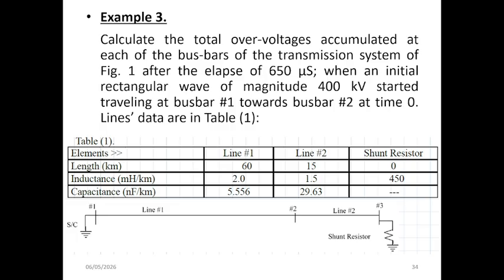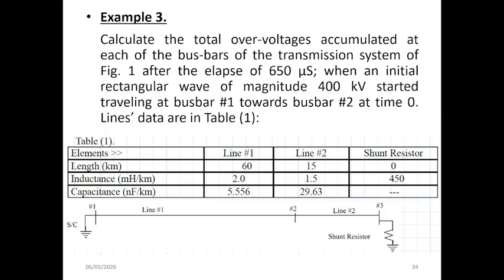Additionally, a shunt resistor is connected at the far end, busbar 3, which plays a key role in damping reflections and influencing voltage magnitudes. So the problem essentially requires analyzing wave propagation, reflection, and transmission phenomena across discontinuities in the network. By tracking the incident and reflected waves over time and considering the impedance mismatches at each junction, the total overvoltage at each busbar can be determined.